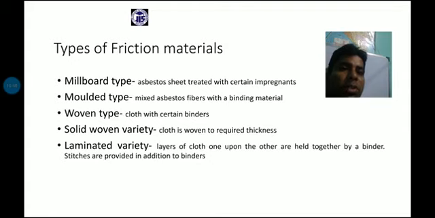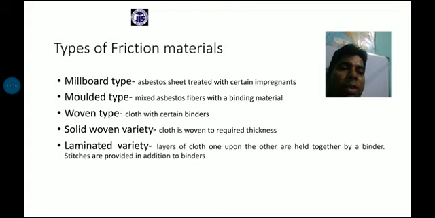Now next point is the laminated variety. Laminated variety means layers of cloth one upon the other are held together by a binder. If we use a binder, we can easily combine the laminated variety.